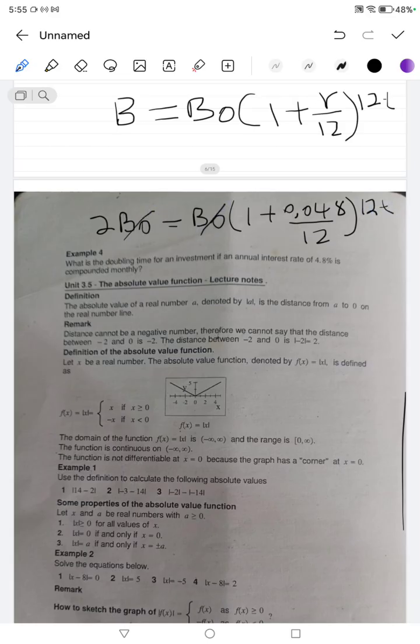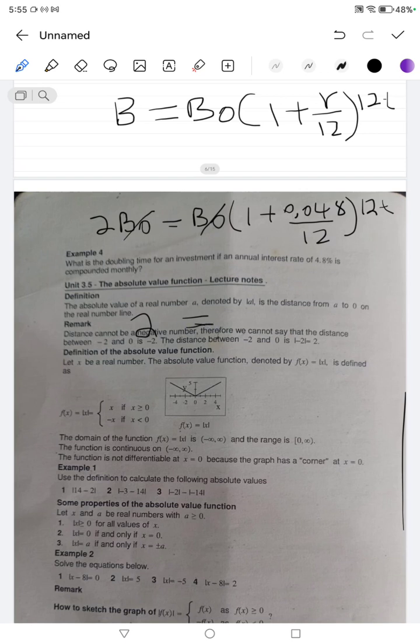This one cancels. Then you're left with 2, which equals, yeah, you're going to add this part. Then use the linear to find the answer.